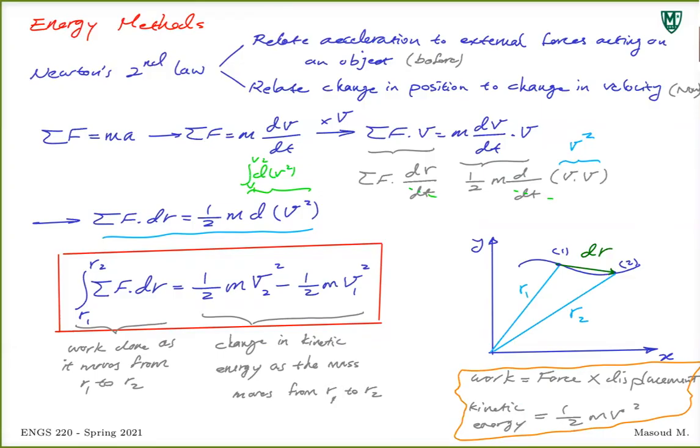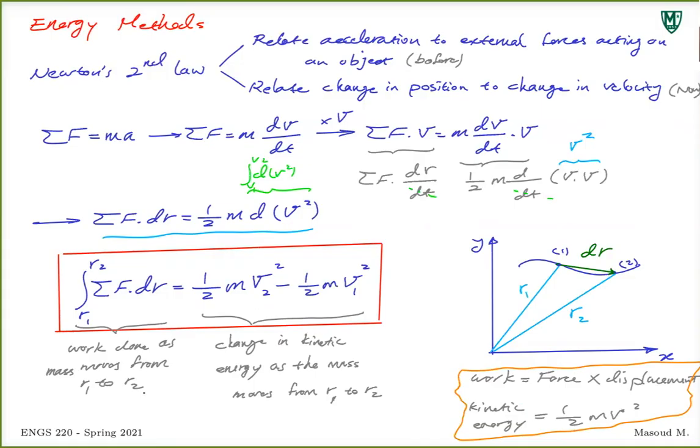You can also put mass instead of it here, as the mass moves from R1 to R2. So we started from Newton's second law. We got to the point that now we have a relationship representing the change in position to change in velocity. So this is a new tool we can use to study the conditions of moving objects, topic of the course.